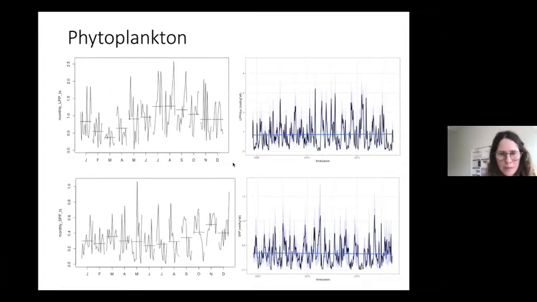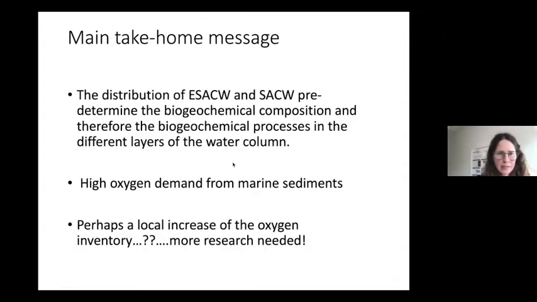Well, the main take-home message I wanted to share today is that we have the distribution of two central water masses, the east-south. And these two water masses really give a predetermined situation for the system.